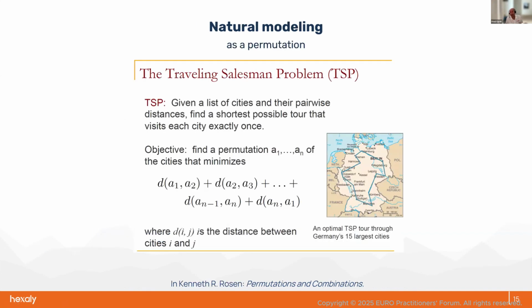But again, the definition of the problem essentially is so simple. You want to find a permutation of the cities that minimizes this function. So the sum of the distances between the first city I select to the second, etc., and the loopback.